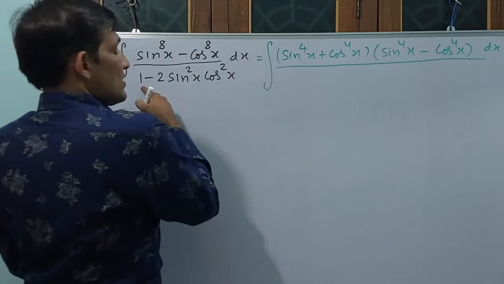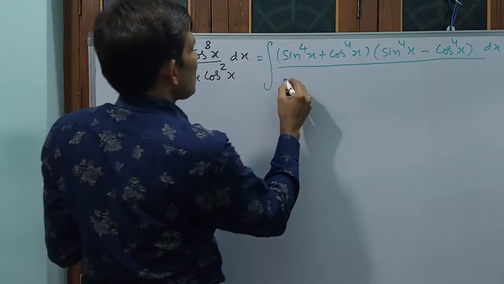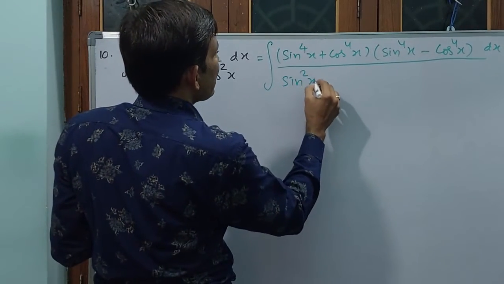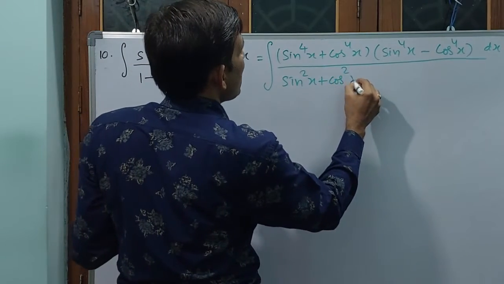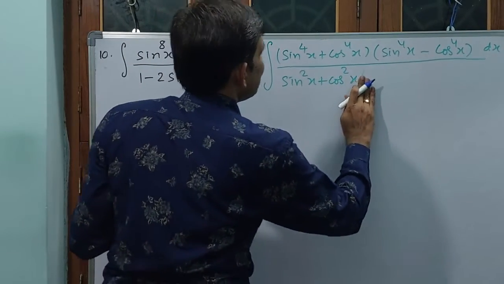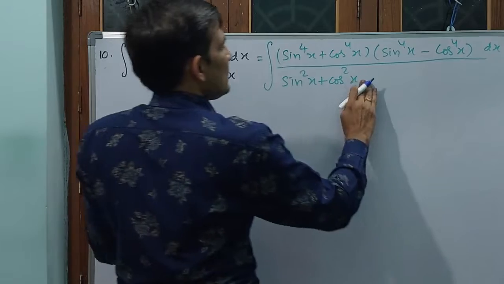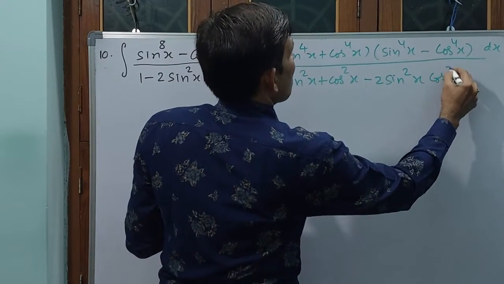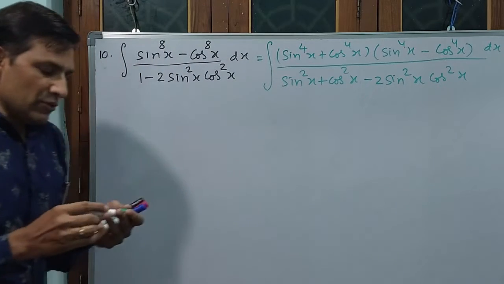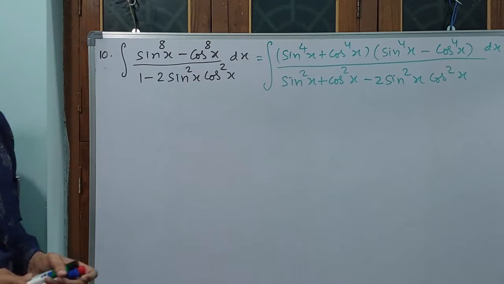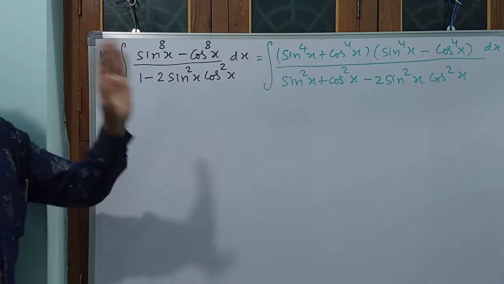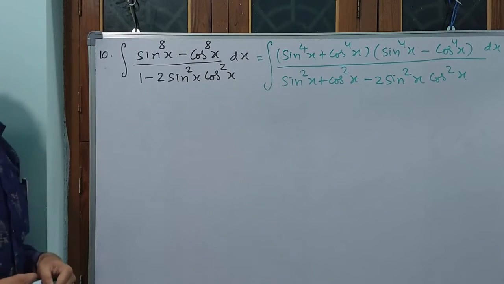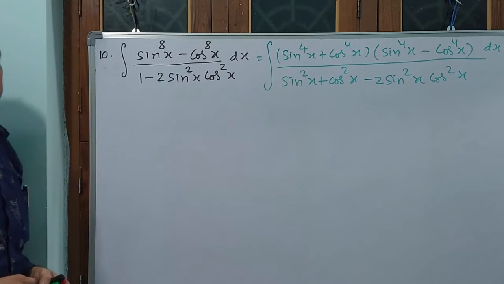So 1 I can replace with sin square x plus cos square x, and then minus 2 sin square x cos square x. First of all, stop and look how it has come. You consider sin to the power of 4x as a, cos to the power of 4x as b.